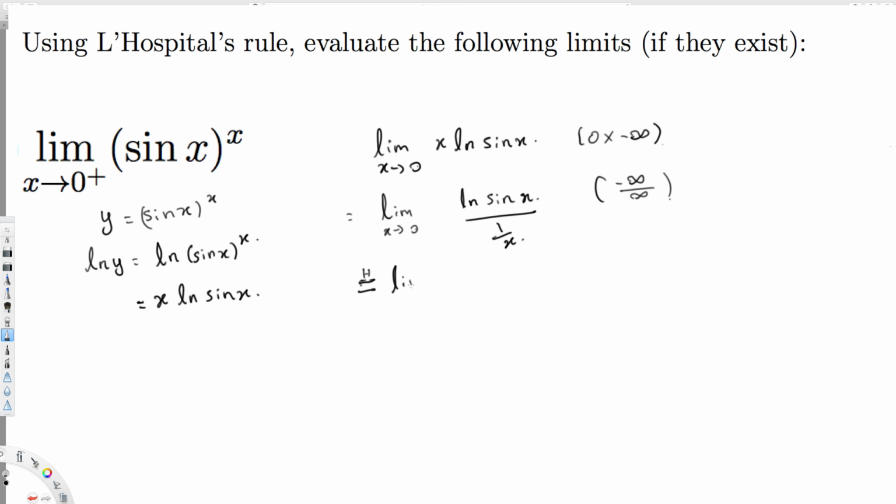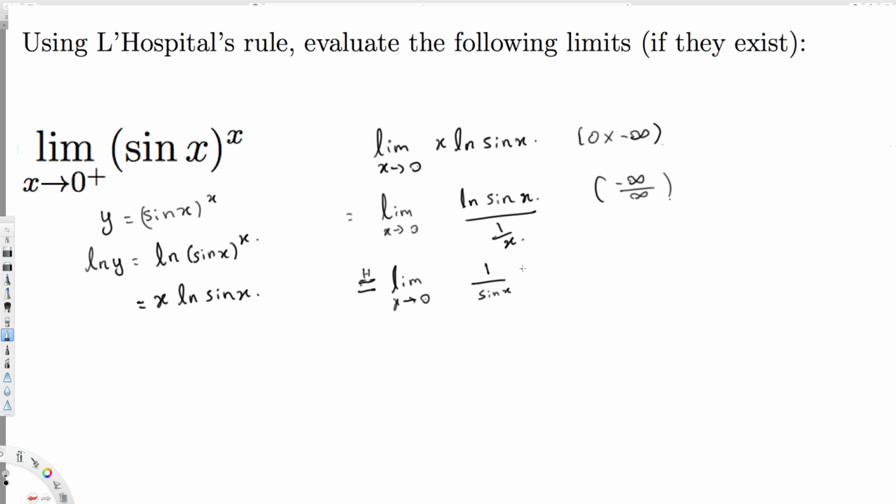According to L'Hopital's rule, if I find the derivatives, I can solve this. The derivative of ln sin x is 1 over sin x as the outside derivative. Since it's combined with ln, we have to use the chain rule, and the inside derivative is the derivative of sin x, which is cos x.